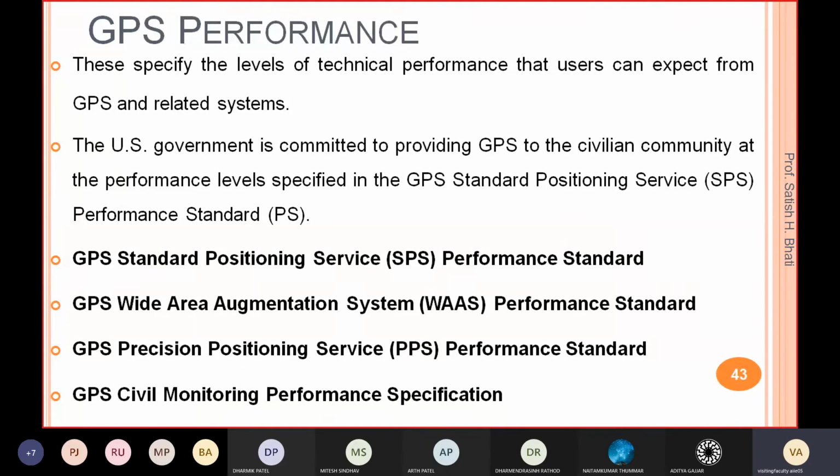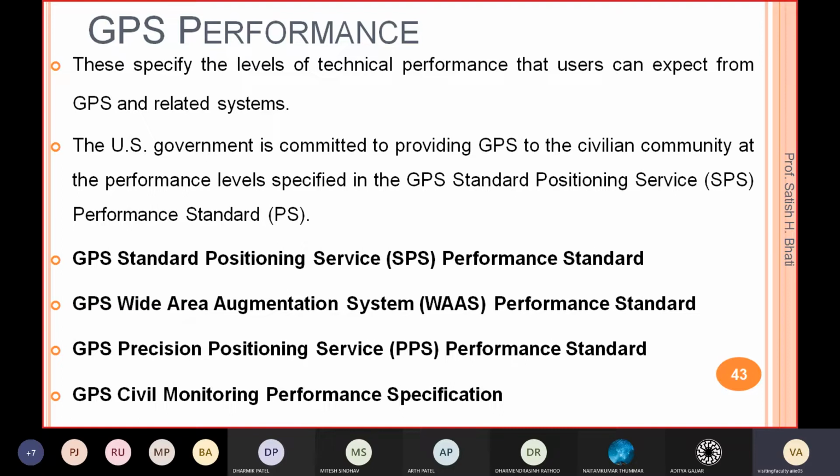Then we have seen some GPS performance. So performance means they have made some standards that the GPS or augmented system should reach, right?